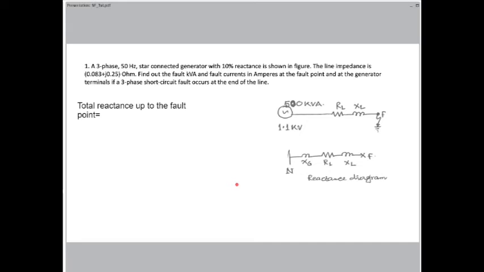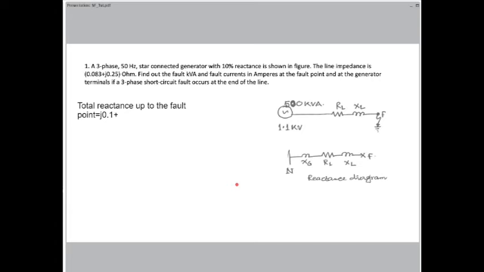When we draw any line or any power system or a part of a power system, we know that the reactances or impedances will be connected in a manner, either series, parallel, or a combination. So we always have to remember that part. Here, the reactances and resistances are connected in series. So how do we write that? For the generator, j0.1 per unit. All we are going to write in per unit.